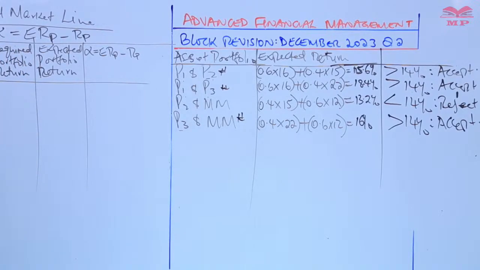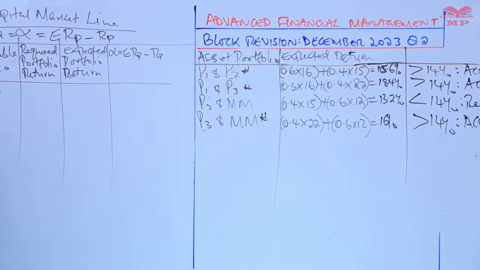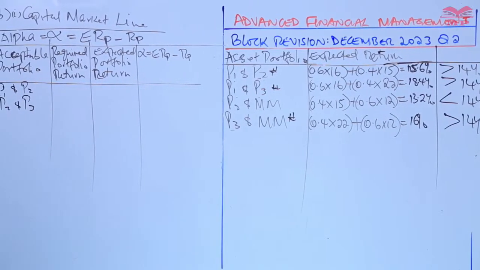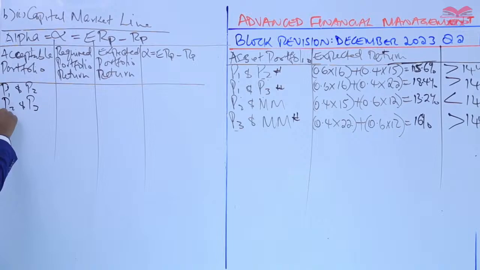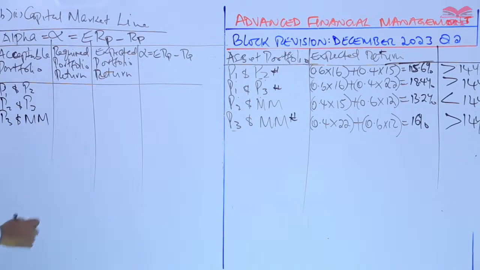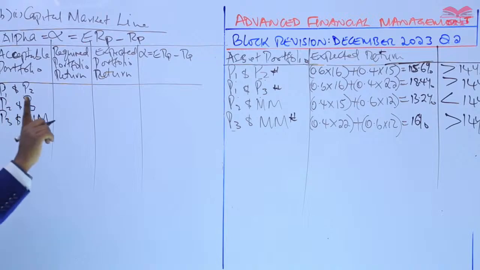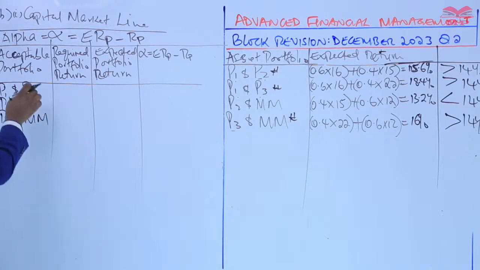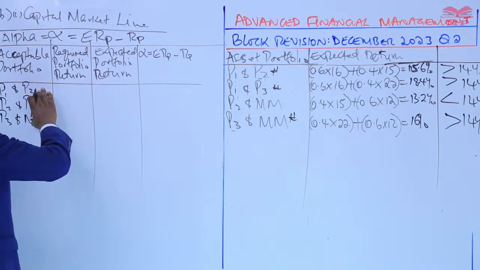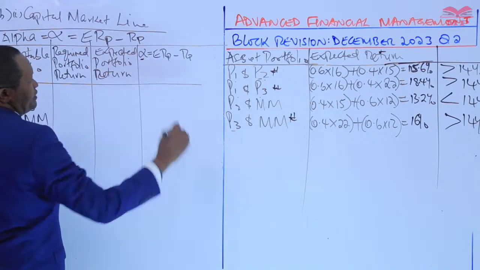One is P1 and P2. Then we have P2 and P3. Then P3 and money market. Three portfolios are acceptable. It is out of these three portfolios that we are going to calculate the alpha.